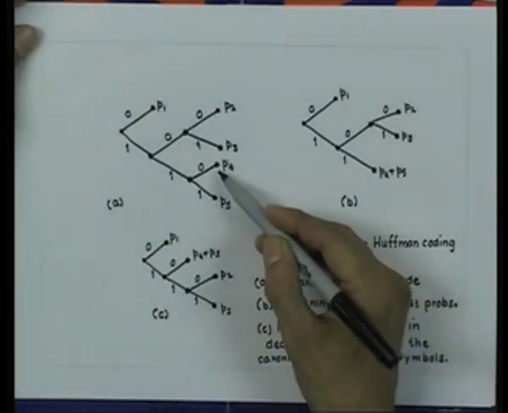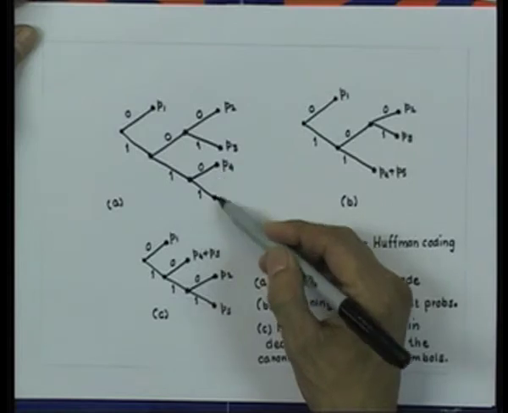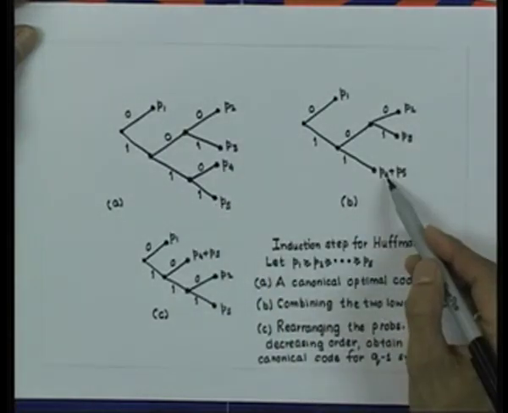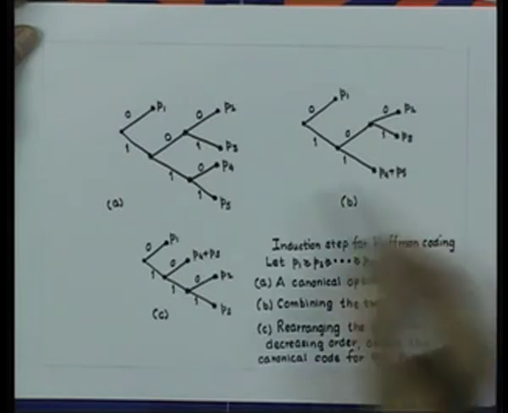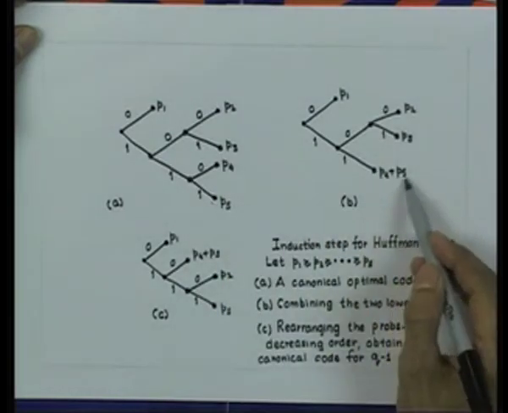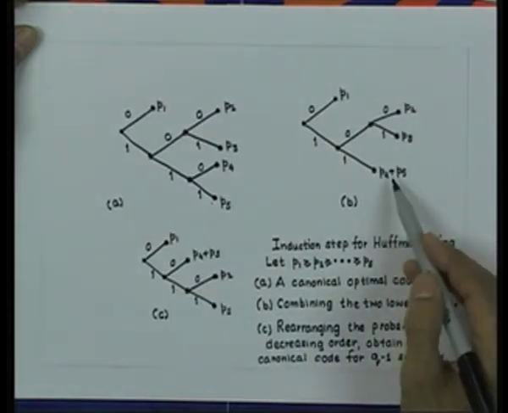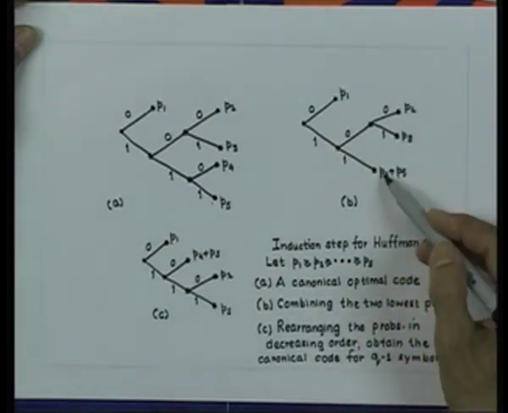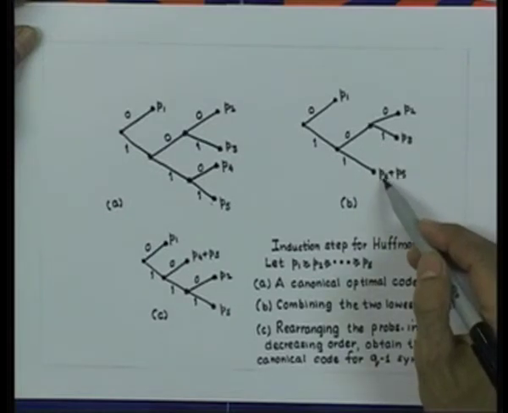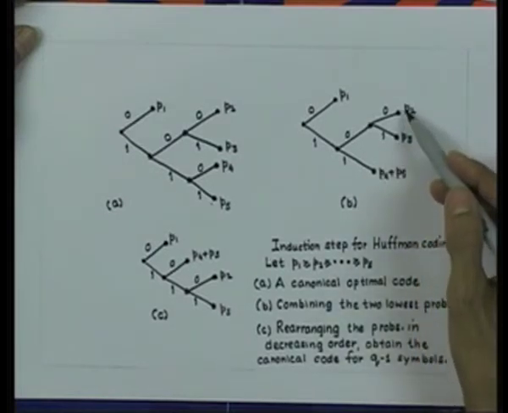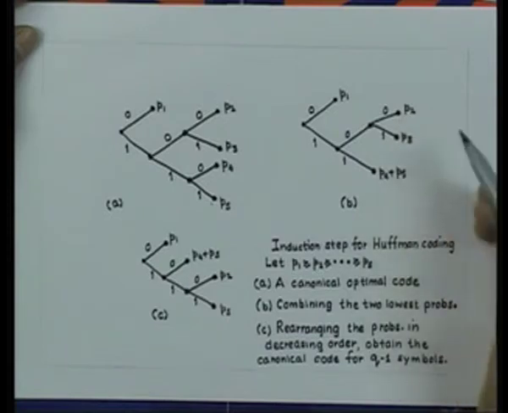Now, you can combine the two probabilities P4 and P5 into one node, and I get a new node here, combined with the probability here, and then rearrange the probabilities in decreasing order. I am assuming that the probability P4 plus P5 is greater than P2 or P3.